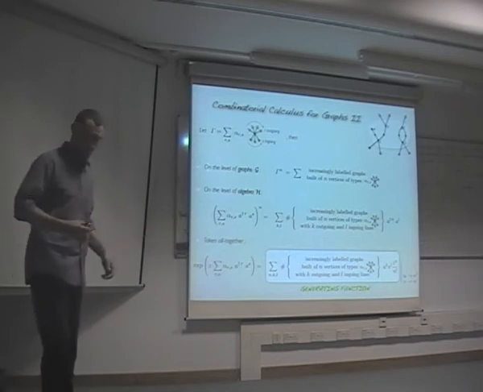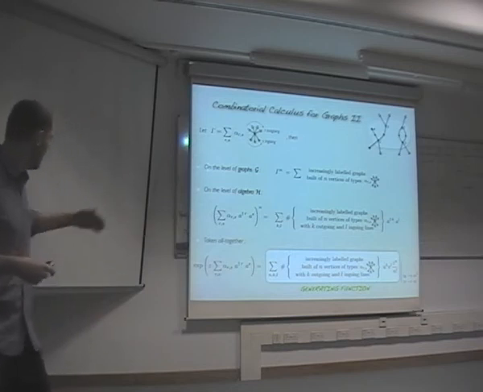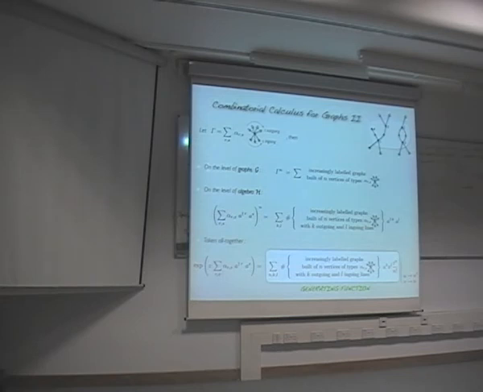And even further, if you take all these expressions all together, that is, suppose I want to consider exponents of this expression with some z which stands in front, you obtain a generating function of all increasingly labeled graphs built of n vertices, built of these building blocks.